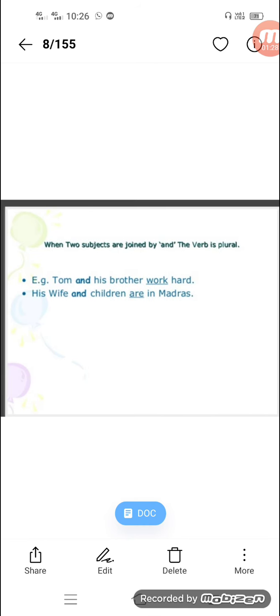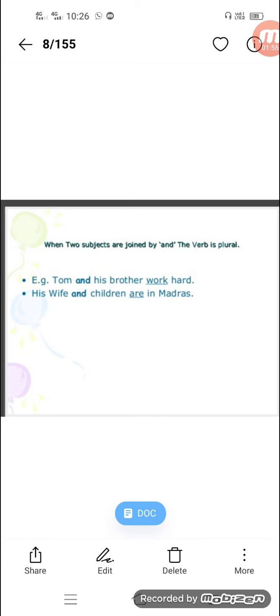Now, let us see, whenever two subjects are joined by and, the verb is plural. For example, Tom and his brother work hard. Here work is a plural verb, right.